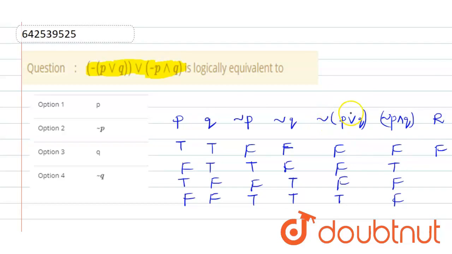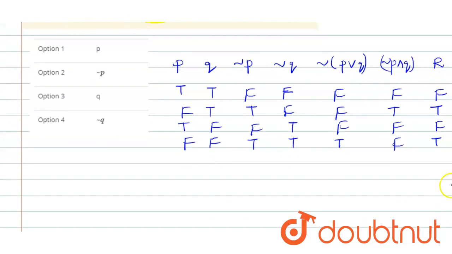By calculating this condition we get false, and by this value we get true. For both values, when we apply the OR condition we get true here. Here also we get false. Applying OR condition we get false here. By applying OR condition for that, we get true here. So the final result is false, true, false, true.